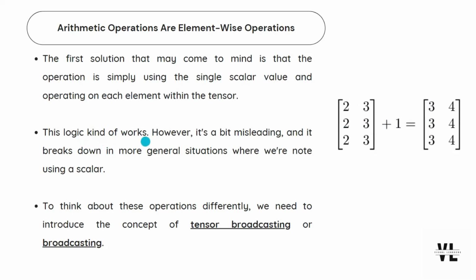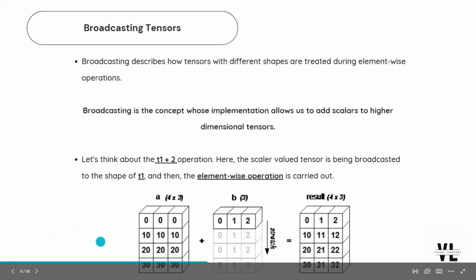This logic kind of works, however, it's a bit misleading because under the hood in PyTorch, this is not what is happening. And it breaks down in more general situations where we are not using a scalar. To think about these operations differently, we need to introduce the concept of tensor broadcasting, or just broadcasting.